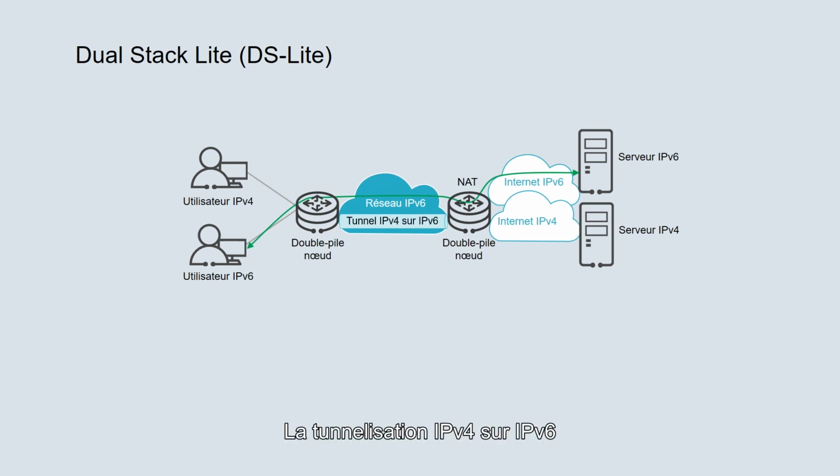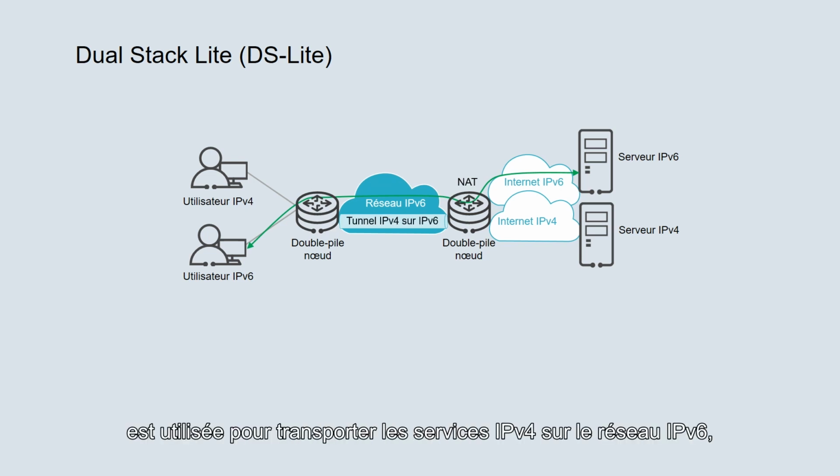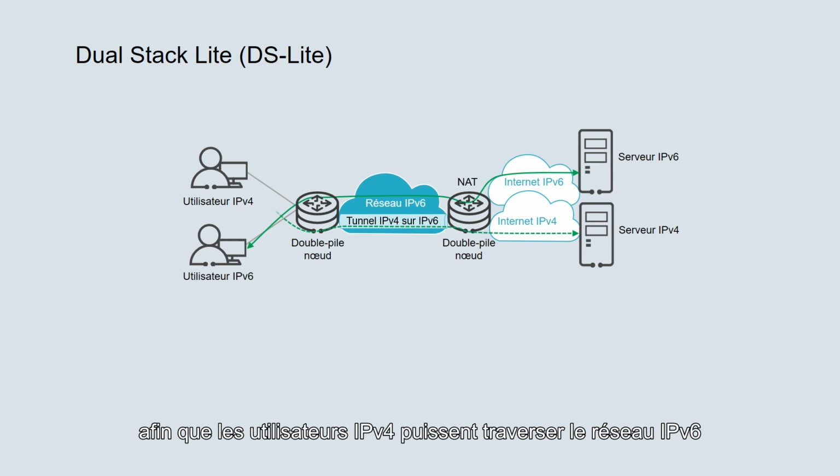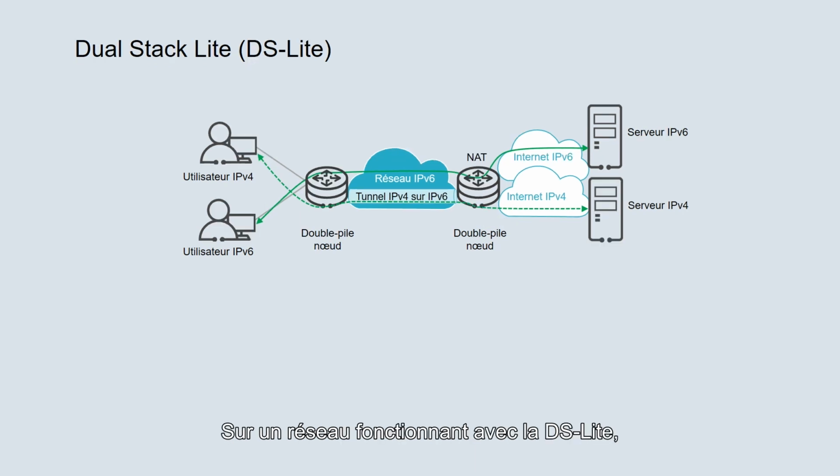IPv4 over IPv6 tunneling is used to carry IPv4 services on the IPv6 network, and NAT is performed on the CGN devices to translate between public and private network addresses, so that IPv4 users can traverse the IPv6 network to access IPv4 internet servers. On a network running DS-Lite, two new roles are introduced: B4 and AFTR. Both roles support dual stack.